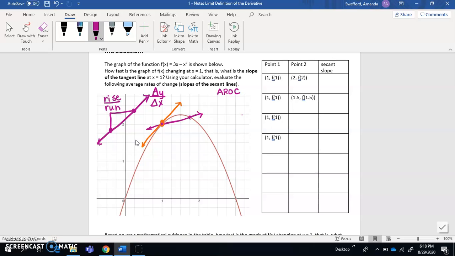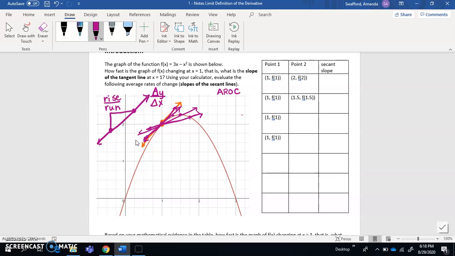So what we might do is move a point that's a little closer, and then maybe we could find the slope of that line. It would be a better approximation for our tangent line, but it still wouldn't be exact. So the idea is that we could find the slope of this secant line, then maybe this secant line, and then we just keep moving this point closer and closer so that our secant line and our tangent line are so close that they almost eventually become indistinguishable, that the secant line and the tangent line become one.